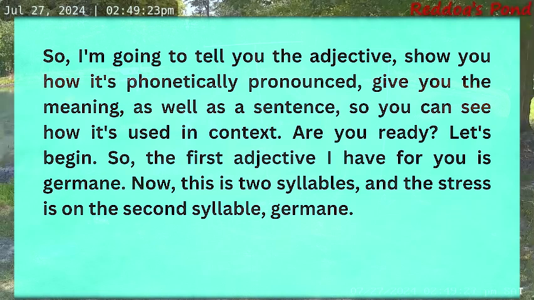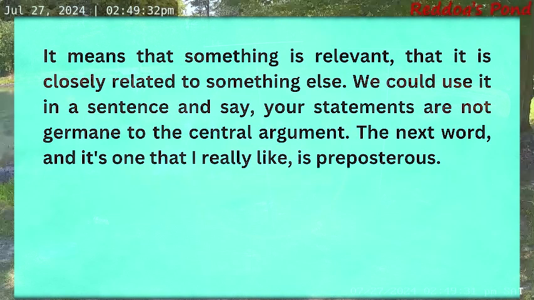So, the first adjective I have for you is germane. Now, this is 2 syllables, and the stress is on the second syllable, germane. It means that something is relevant, that it is closely related to something else. We could use it in a sentence and say, "Your statements are not germane to the central argument."